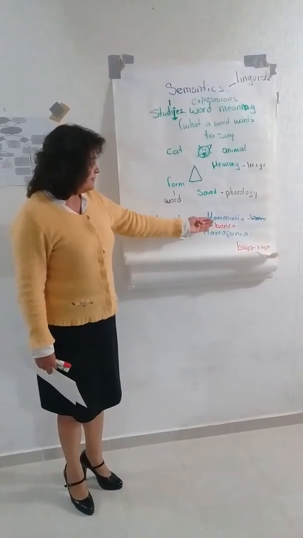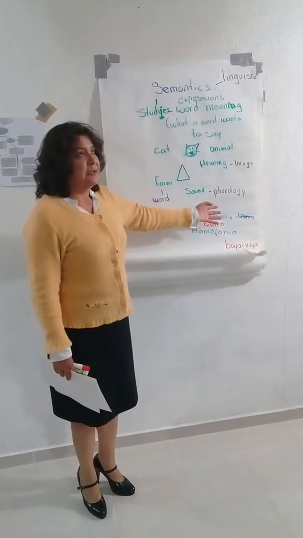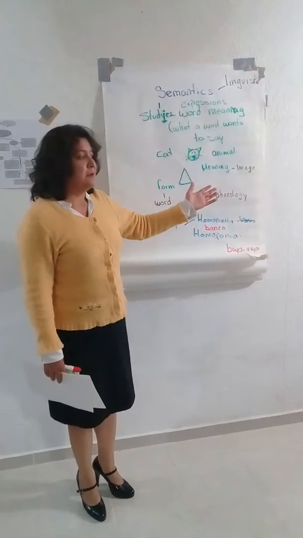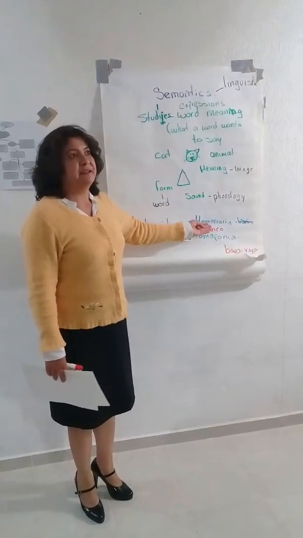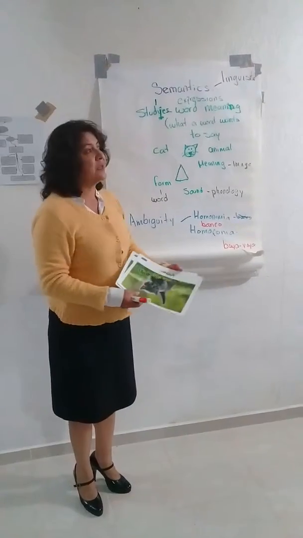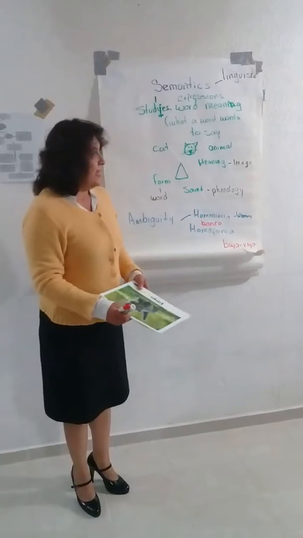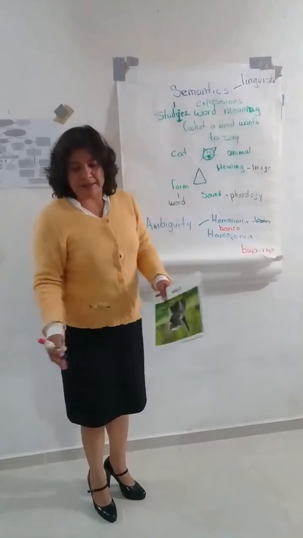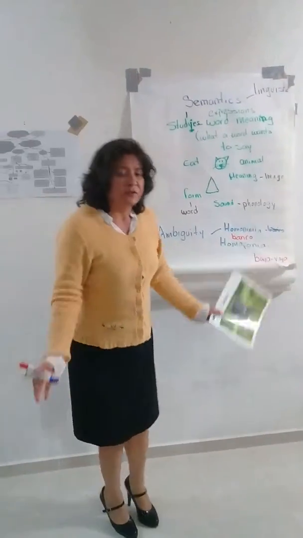For instance, the word banco, that in English is bank, may refer to several things: a place where we save money, a group of fishes, and a chair or bench to sit.